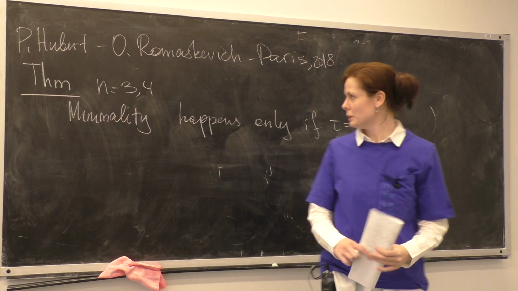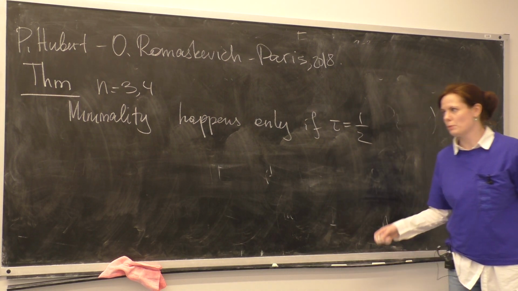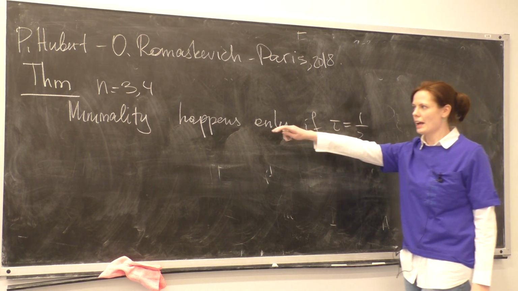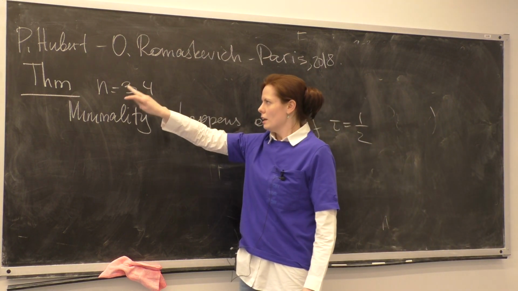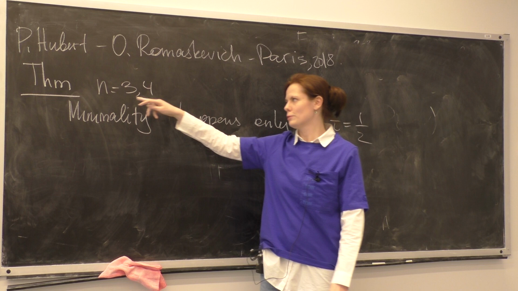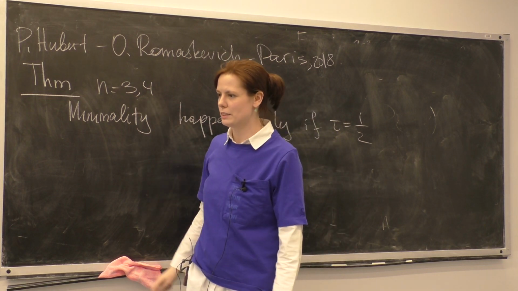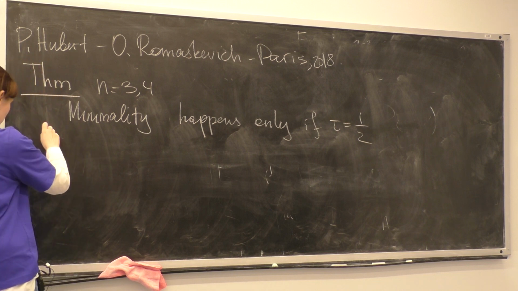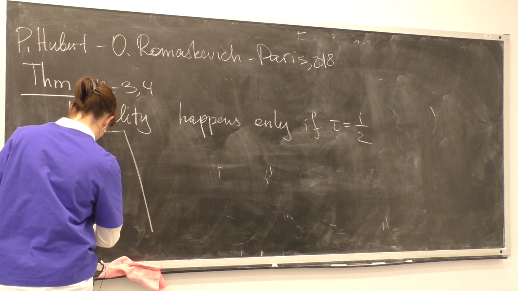I will not prove it to you right now, but I will explain what exactly we did. In the case of n equal to 3, it's more explicit. In the case of n equal to 4, it's less explicit, but still, we have a model. I will make it more or less understandable for you.